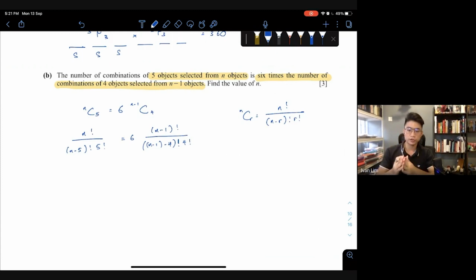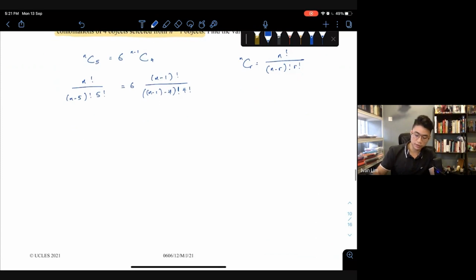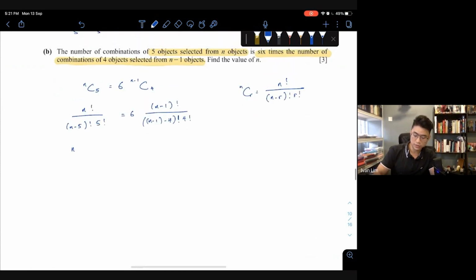If you see n factorial, then n minus 1 factorial or n minus 2 factorial, know that n factorial is n, then n minus 1, n minus 2, n minus 3, n minus 4. In a way, n factorial can be written as n times n minus 1 factorial. The reason we stop here is because the right-hand side also has an n minus 1 factorial, which we can cancel with each other.